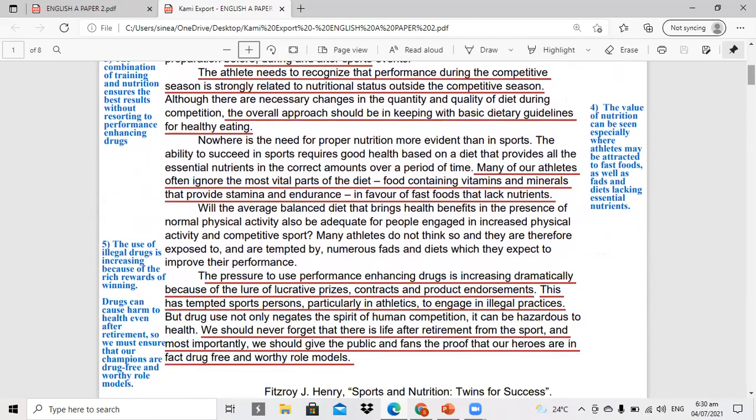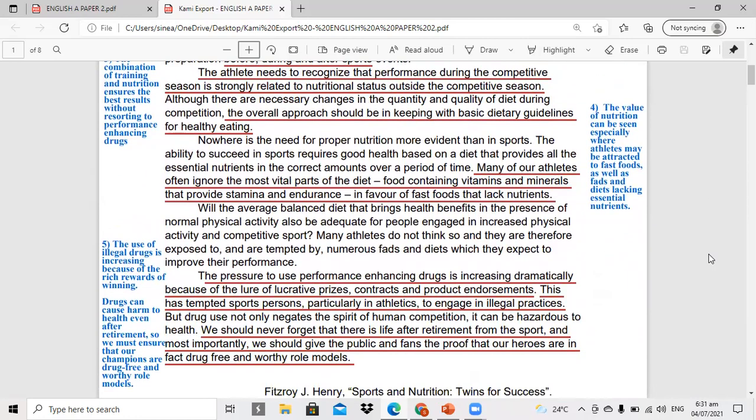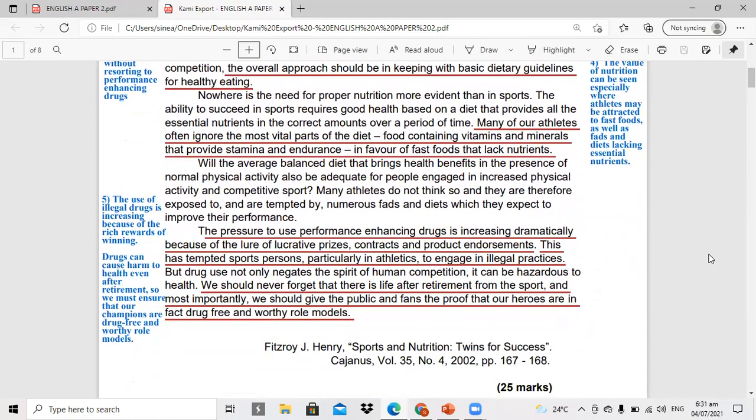Point four would be that the value of nutrition can be seen especially where athletes may be attracted to fast food as well as fads and diets lacking essential nutrients, right? So we want to be able to capture everything that is being said. So paragraph three says many of our athletes often ignore the most vital parts of the diet, food containing vitamins and minerals that provide stamina and endurance, in favor of fast food and foods lacking nutrients.